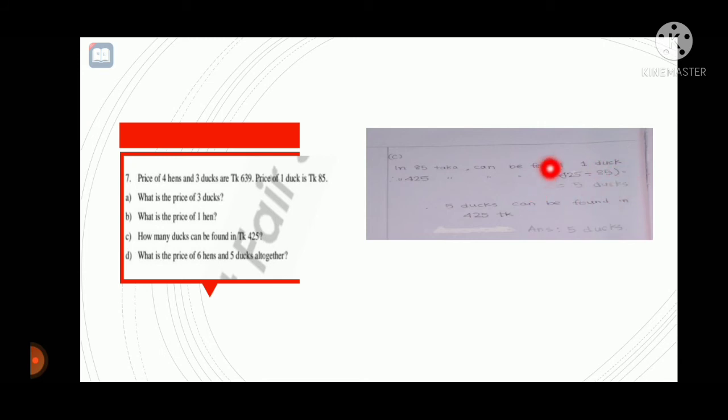Then we have to write a bracket. Then we have to divide 425 by 85. Then we will get 5 ducks. So we have to write 5 ducks can be found in 425 taka. Answer 5 ducks.